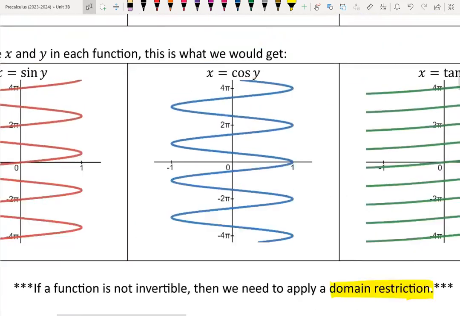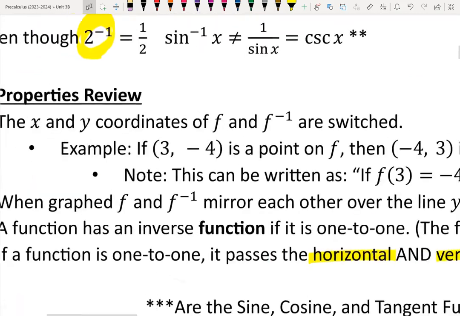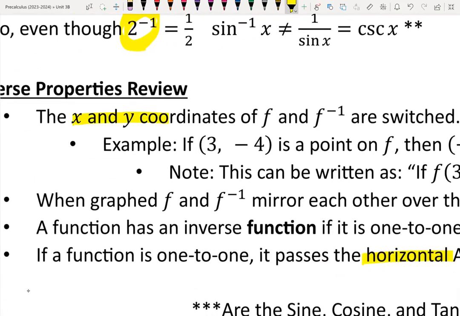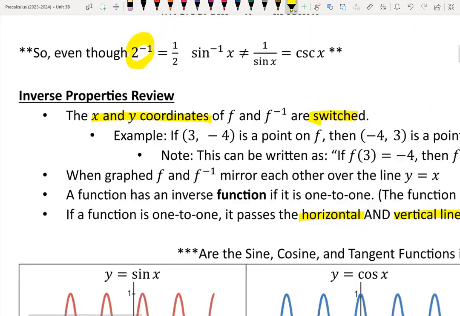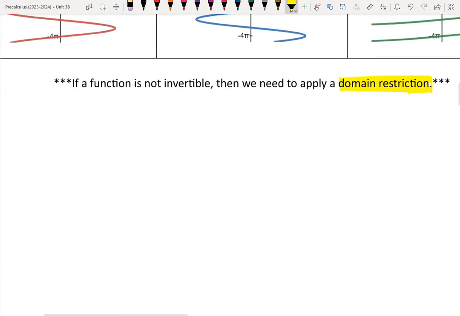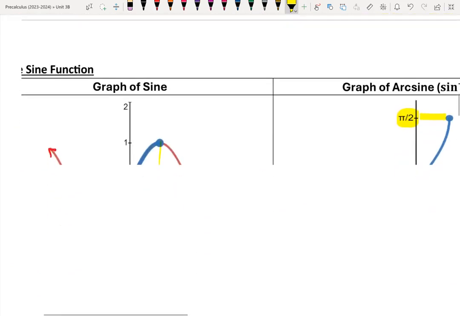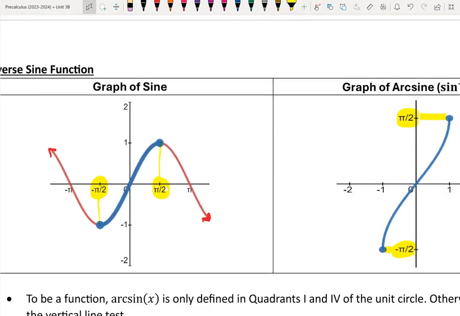Remember, that's a property of inverse functions. We reminded ourselves of that right here. X and y coordinates switch. So if we have an x value, it becomes a y value. And that just holds true because these are functions. We can actually even see it if we take that specific point.